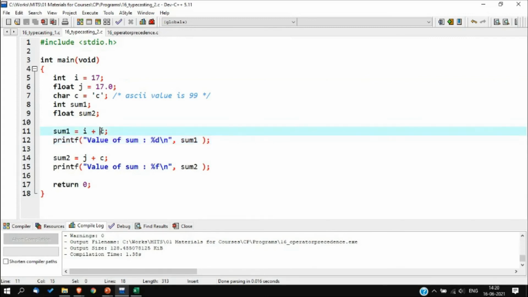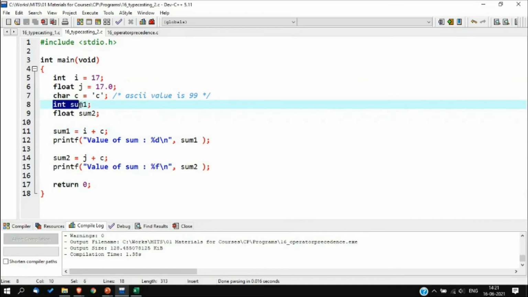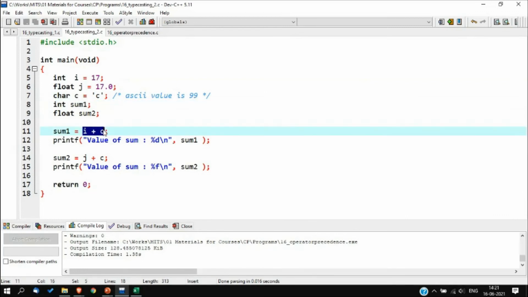The ASCII value of c is 99. So it will print i plus c, that is, i is 17 and c is 99, so these will be added together to get 116. That value will be an integer because both values are integers.